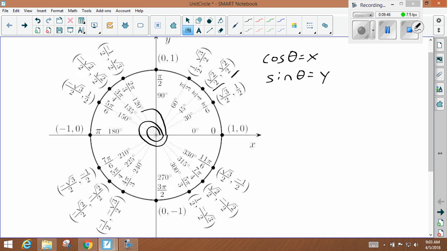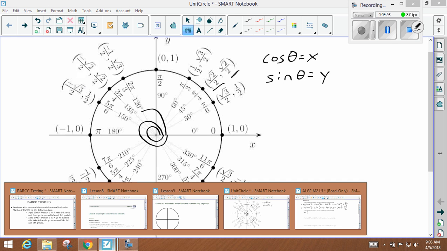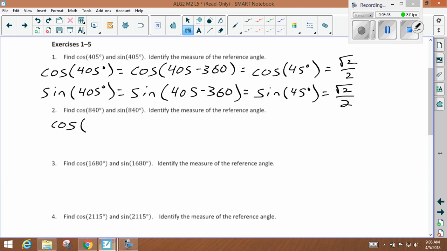So 120 and 840 are the same, right? So I can figure this out by going 840 minus 720. That's how I got that.